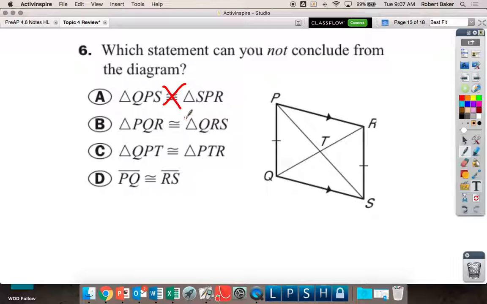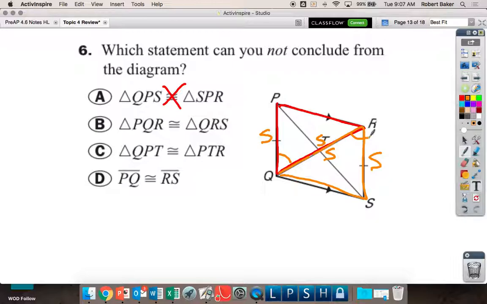Can you conclude that PQR and QRS are congruent? You have a side congruent to a side. You have a side congruent to a side. And you have an angle congruent to an angle.